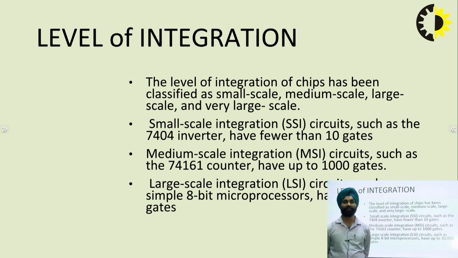Anything which has a number of gates between 1000 and 10,000 is known as large scale integration. For very large scale integration, if there are more than 10,000 transistors in an IC, then it is called very large scale integration.